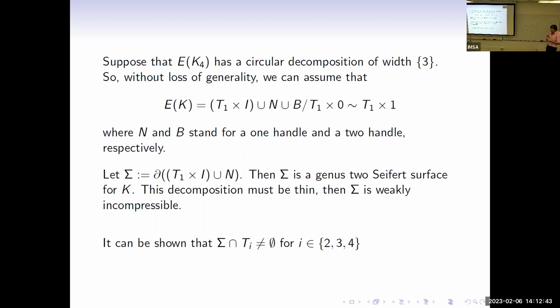Now we are doing here, we are looking at the intersection of this surface sigma with the other genus 2 surface. Now here we can show that the surface must intersect all tori.